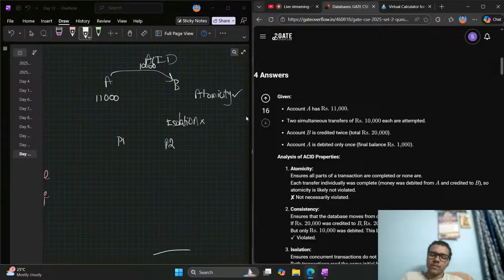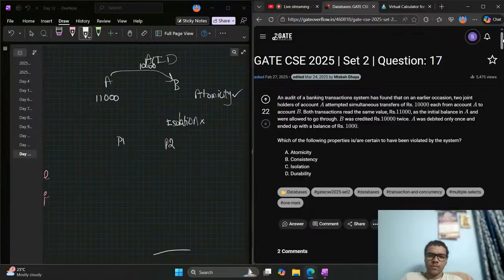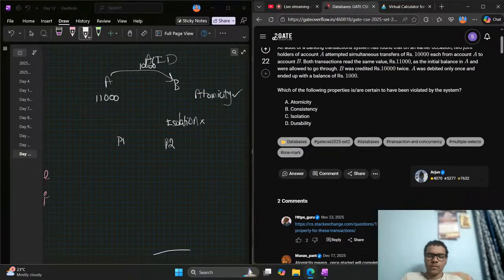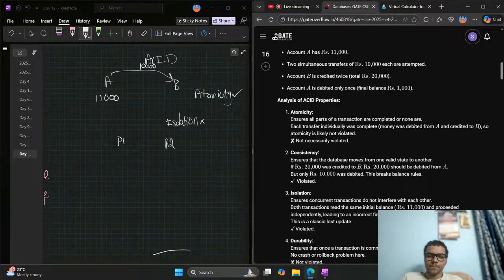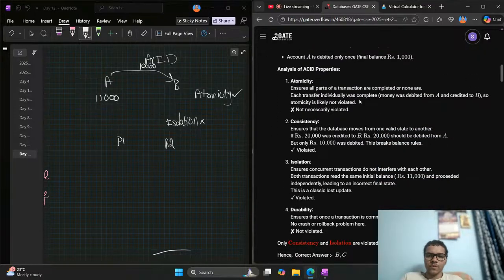Ensures all operations of a transaction are completed or none are. We are correct with that one. Each transfer individually must complete. Right.